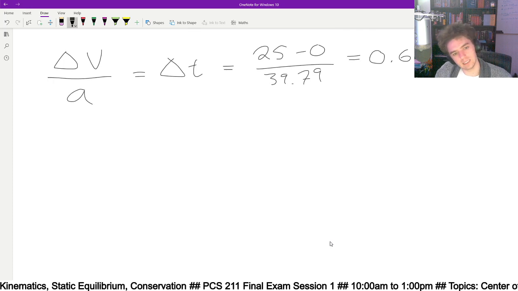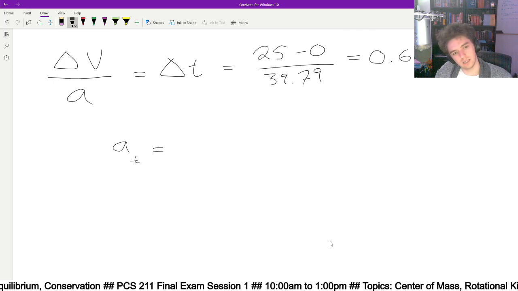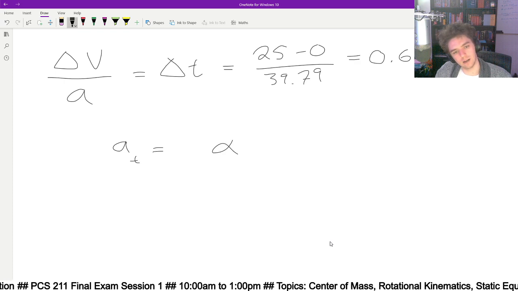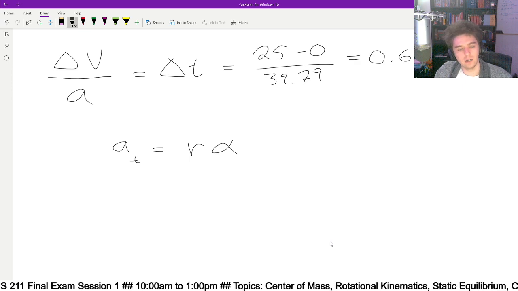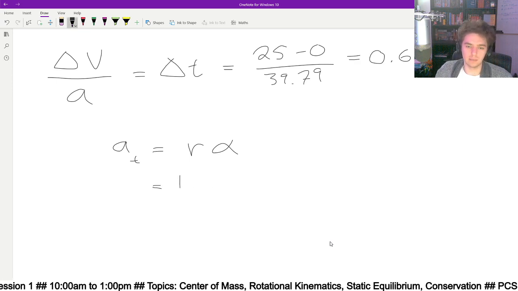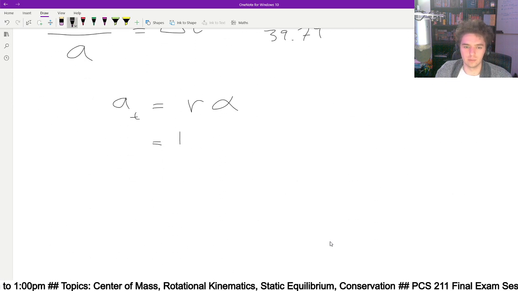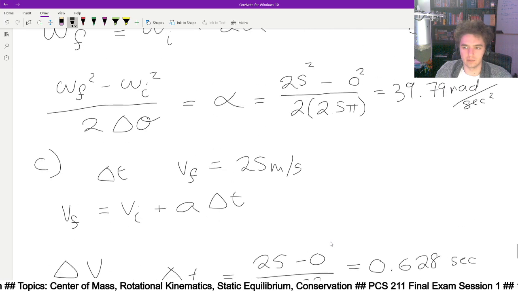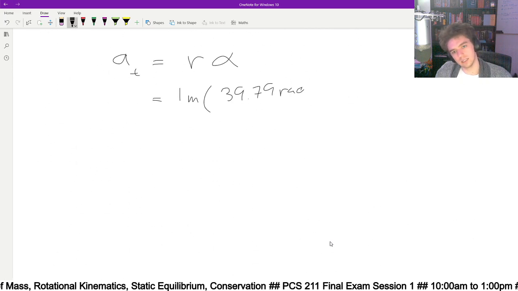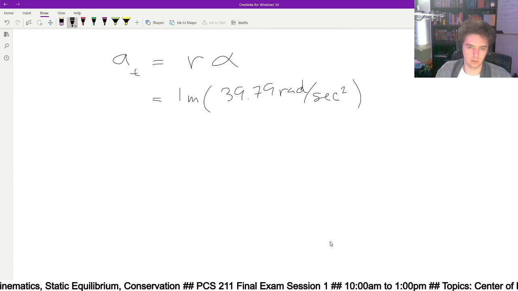We relate linear, or tangential, acceleration to alpha by a factor of r. So this would be 1 meter times 39.79 radians per second squared, which gives meters per second squared.